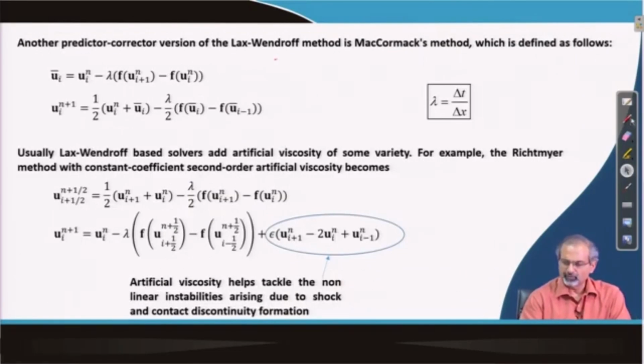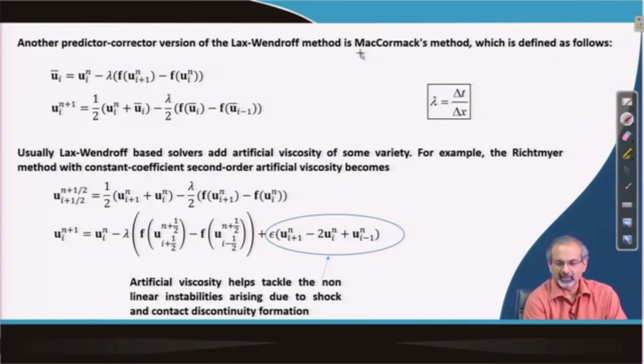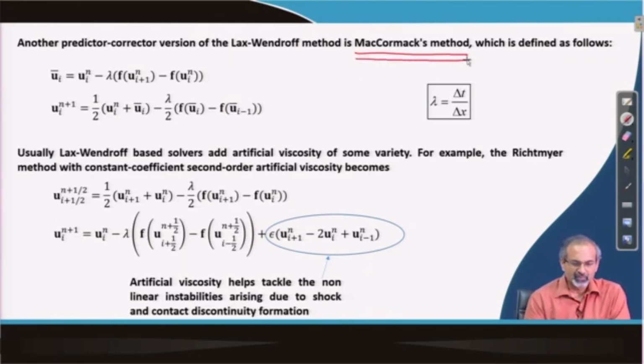Another very widely used and popular predictor corrector based method, which has been around for a long time in solving Euler equations, is the modified version of the Lax-Wendroff method known as MacCormack's method. So, it is again a predictor corrector version of the Lax-Wendroff method.